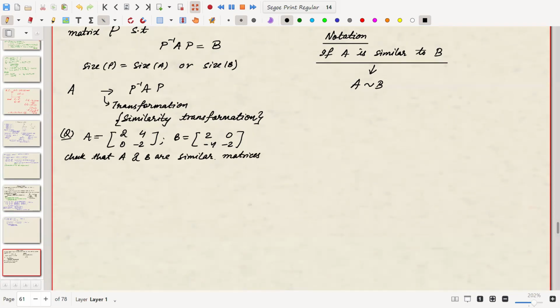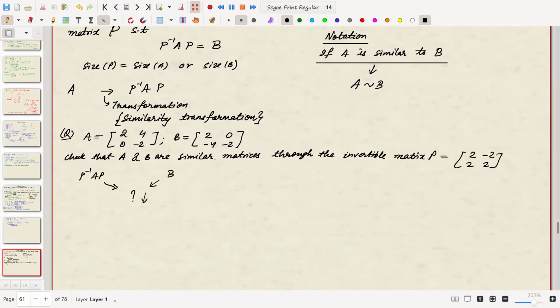Of course, we need an invertible matrix to check it. Through the invertible matrix P, which I am denoting by 2, minus 2, 2, 2, can you compute P inverse AP and matrix B, compare these two quantities and reach a conclusion? What is the conclusion?